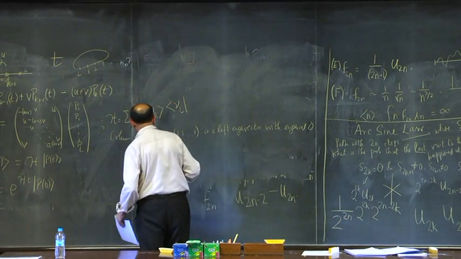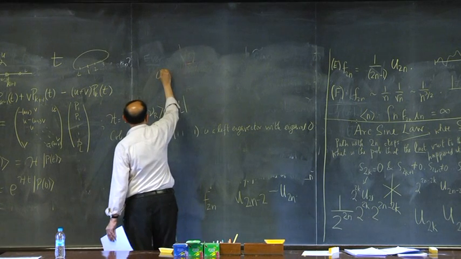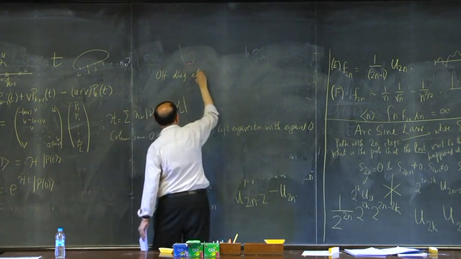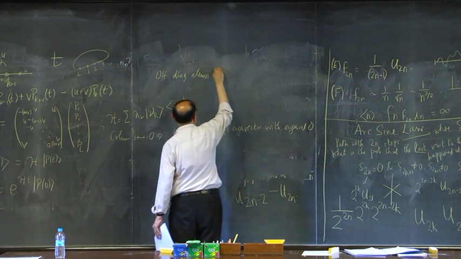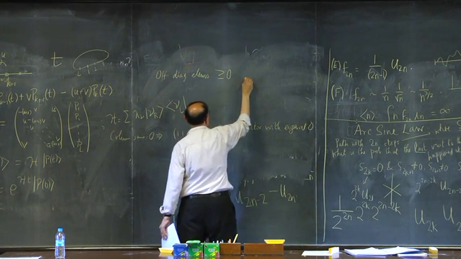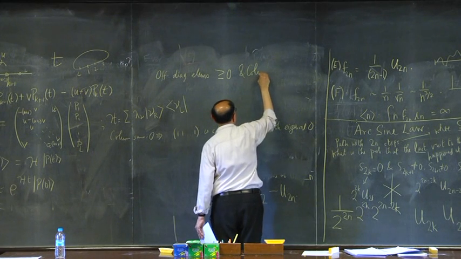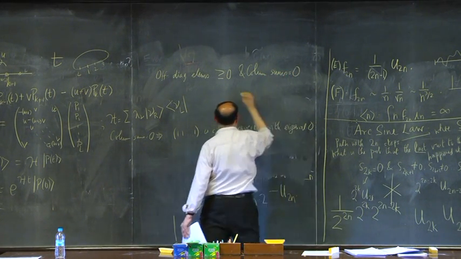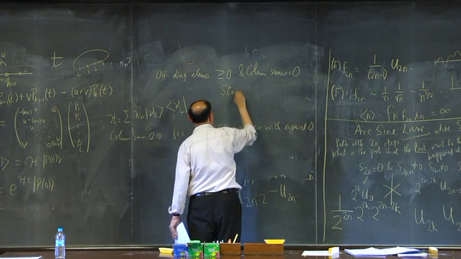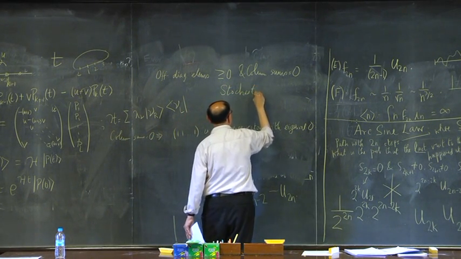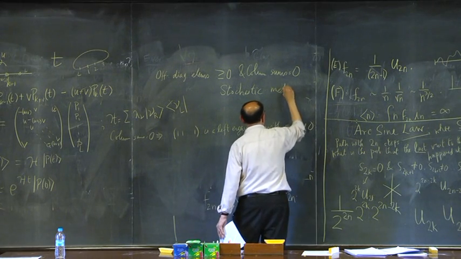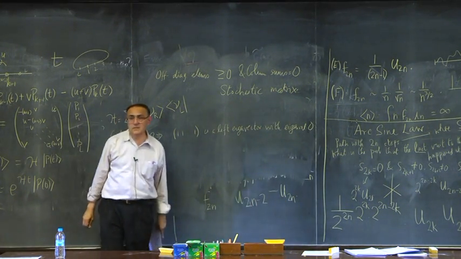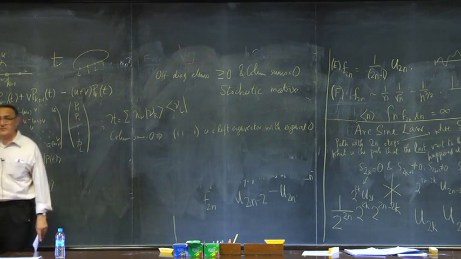So a matrix with off diagonal elements greater than or equal to 0 and column sums equal to 0 is called a stochastic matrix. This is the general definition. Stochastic matrices have several properties.